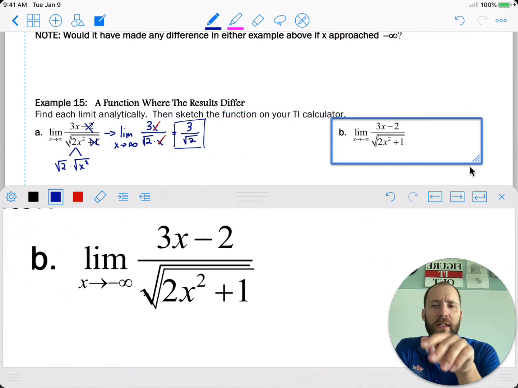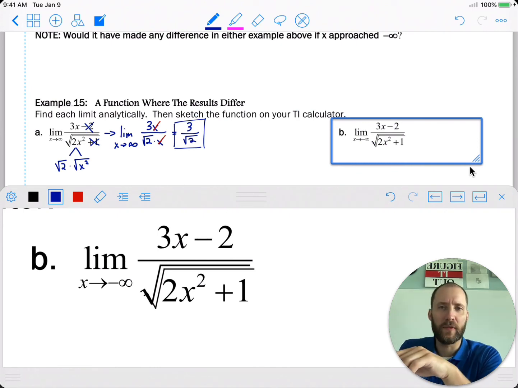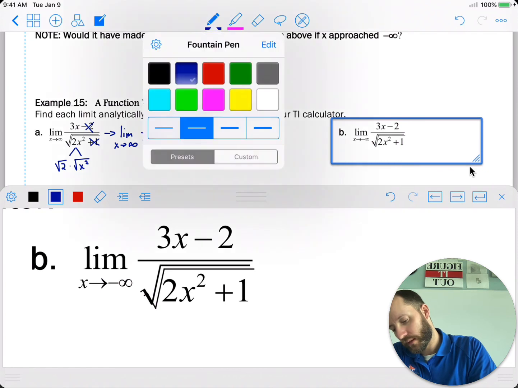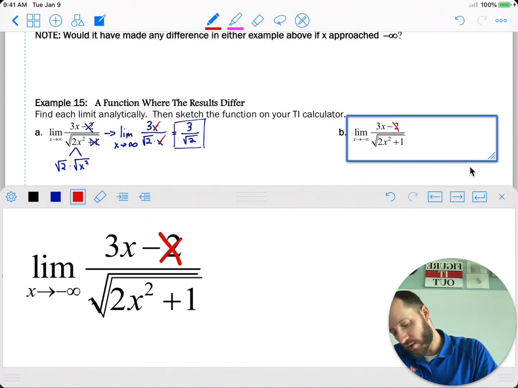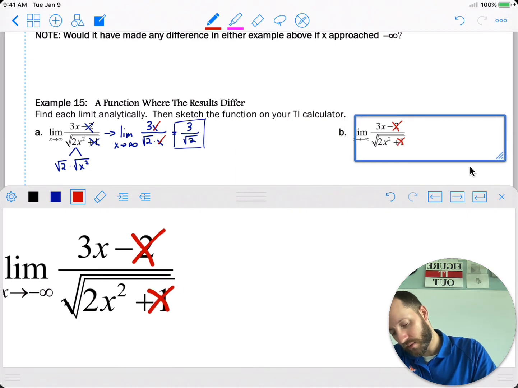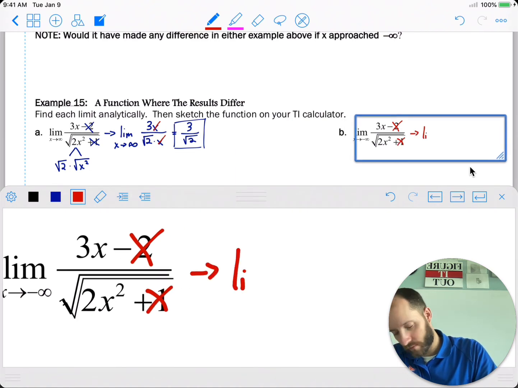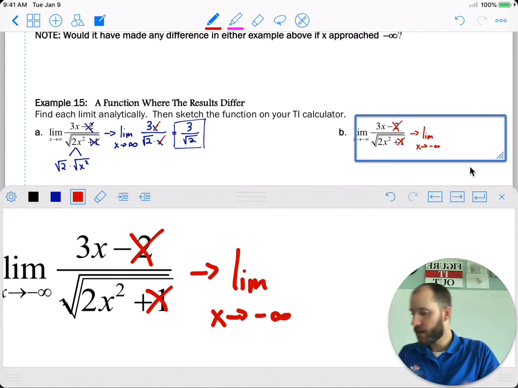Now let's look at example B with a negative infinity that x is approaching. So same start, minus 2 plus 1, limit as x approaches negative infinity.